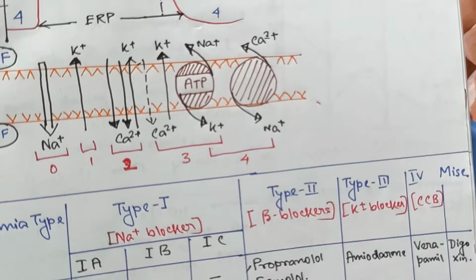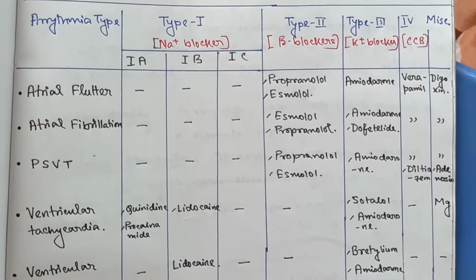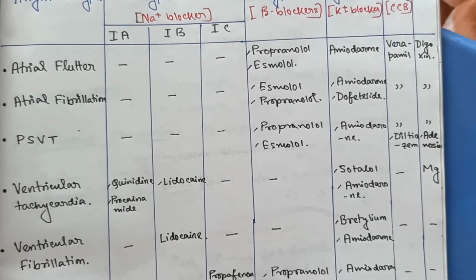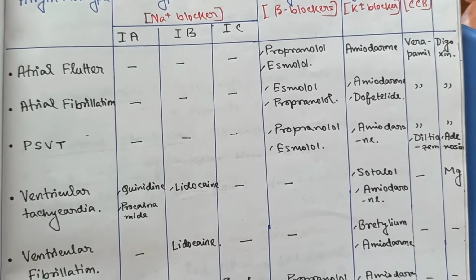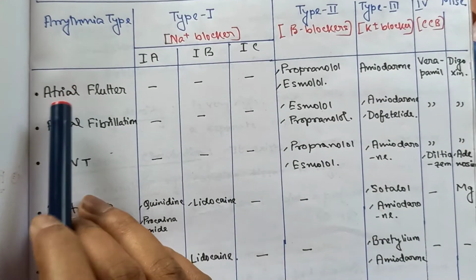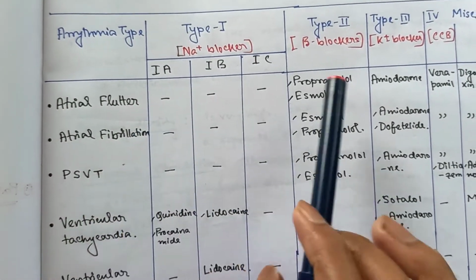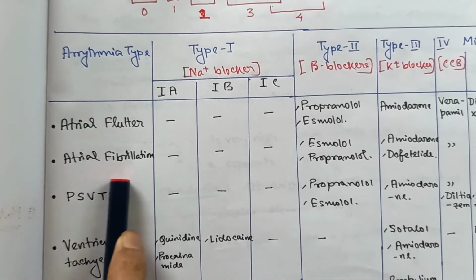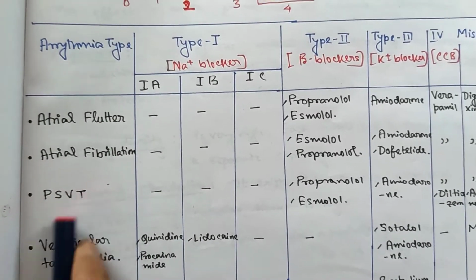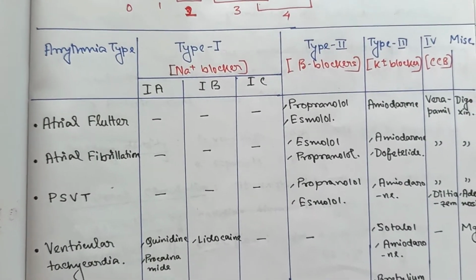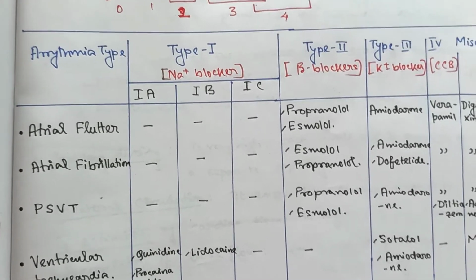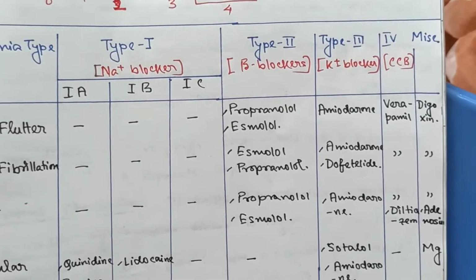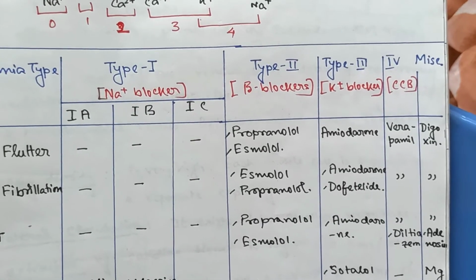So if we now discuss these drugs in many types of arrhythmia like atrial flutter, type 1A drugs have no role. Also in atrial fibrillation or PSVT, there is no role of these type 1 drugs. They are mainly treated by type 2 or type 3 drugs.